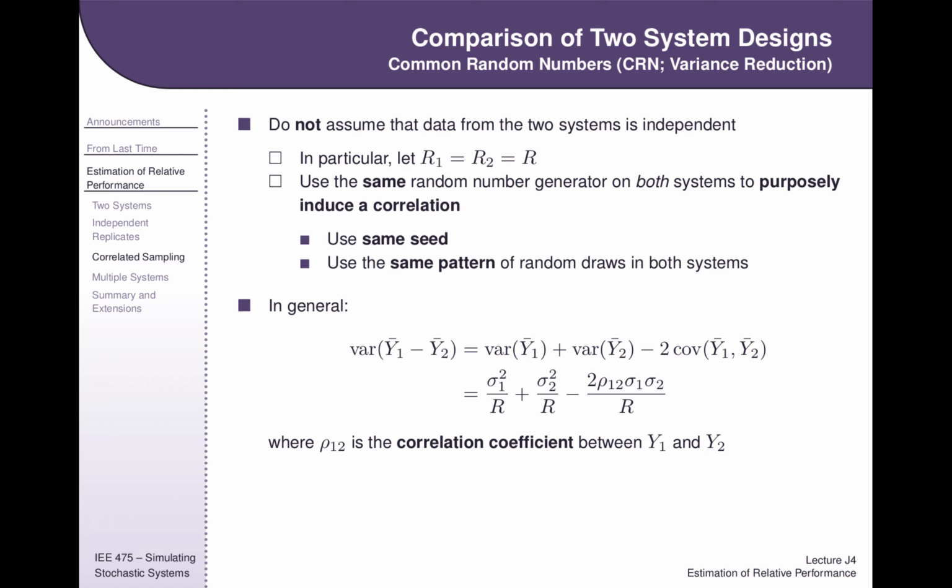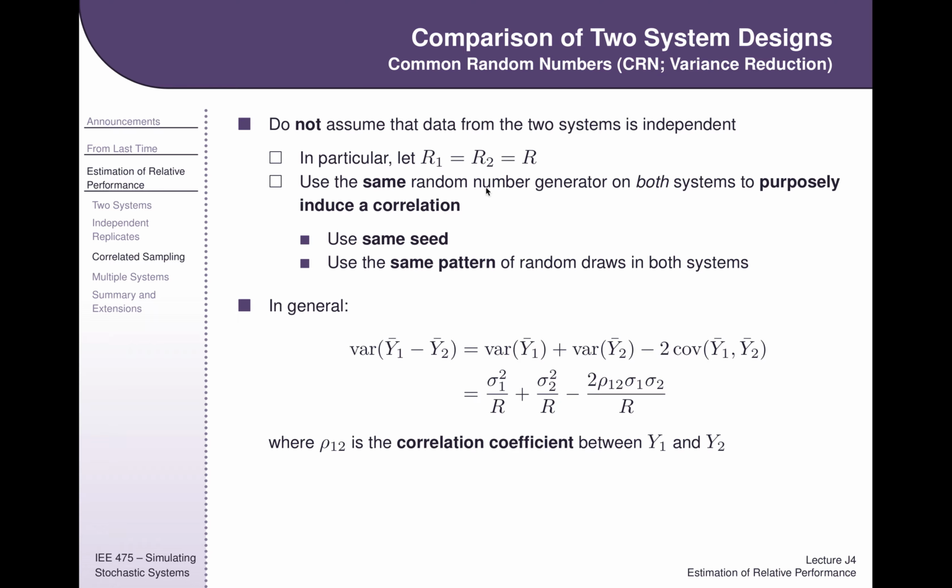That would be very difficult to do in the real world, but if we do that in simulation, which we can do, and we manage to introduce positive correlation between the two simulations, then we can actually reduce the variance in the difference of the means, and that gives us more statistical power.